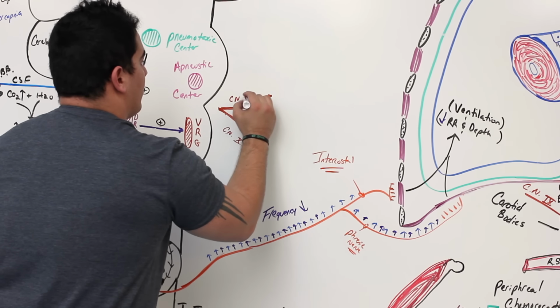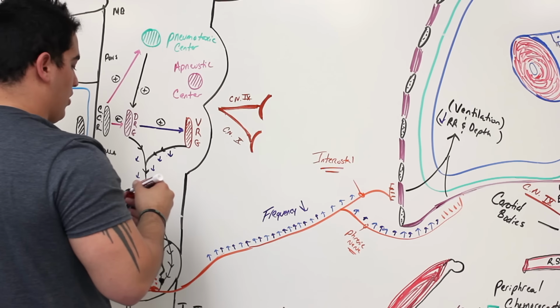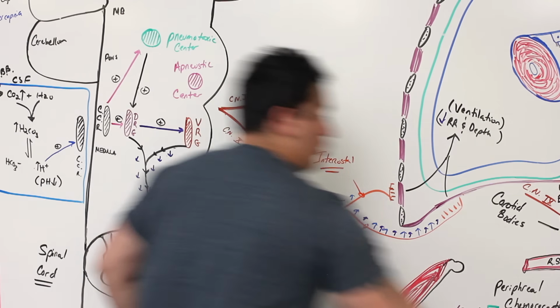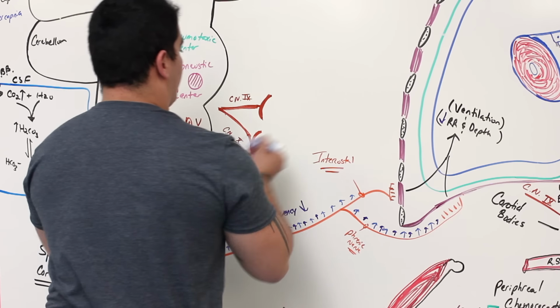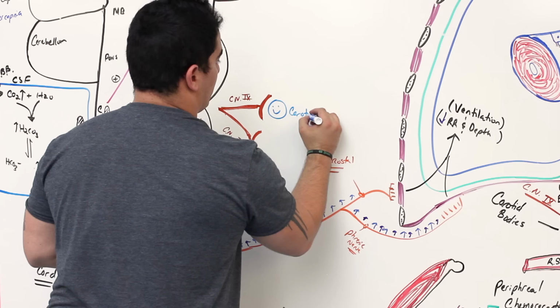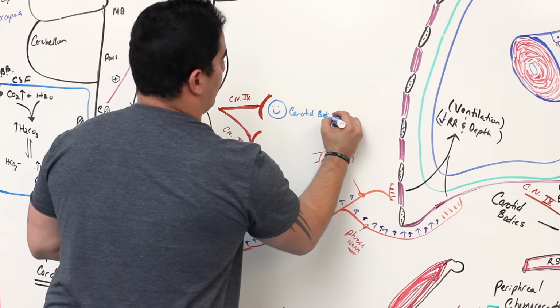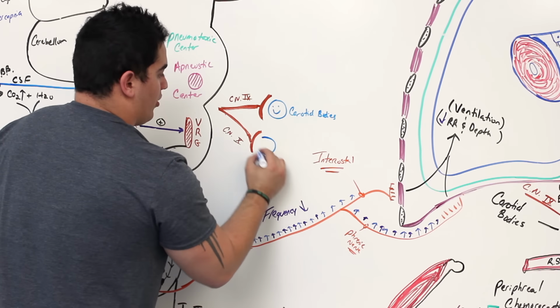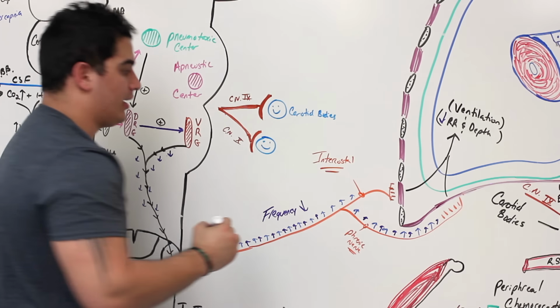This is cranial nerve 9, which is glossopharyngeal. We know that cranial nerve 9, the glossopharyngeal, is responding to the carotid bodies. And cranial nerve 10 is responding to the aortic bodies.